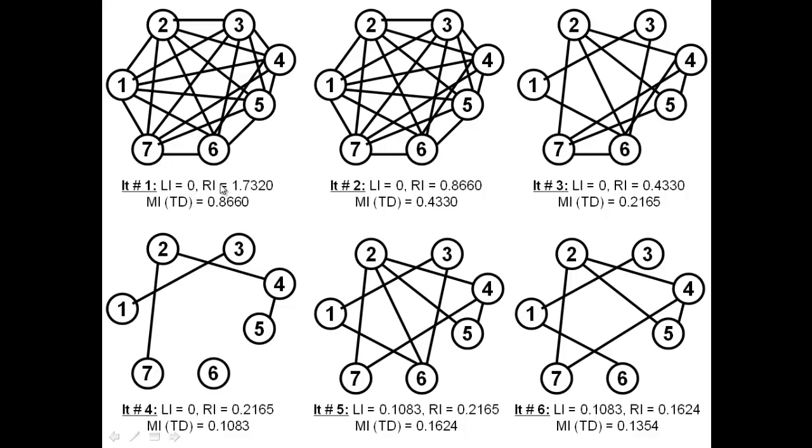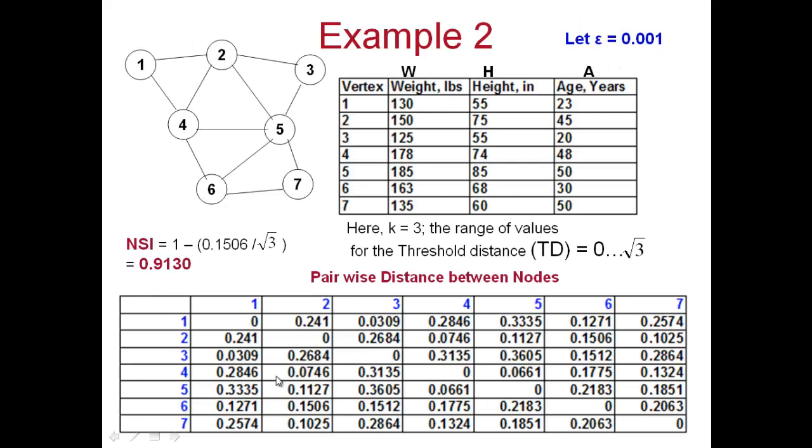Always we maintain an invariant that the graph is not connected at left index and always connected at the right index. So the middle index, which is the average of 0 and 1.7320, so the middle index is always the average of left and right index, is 0.8660 in this example. So if you use this as a threshold distance and you go back to the pairwise distance matrix, you can also notice every entry in this pairwise distance matrix is less than 0.8660.